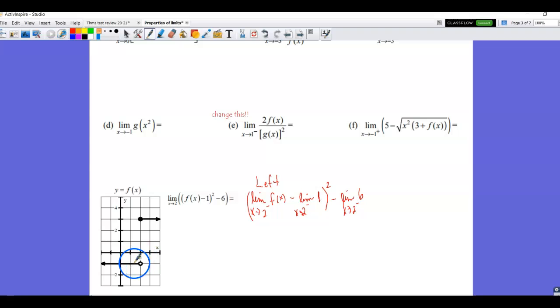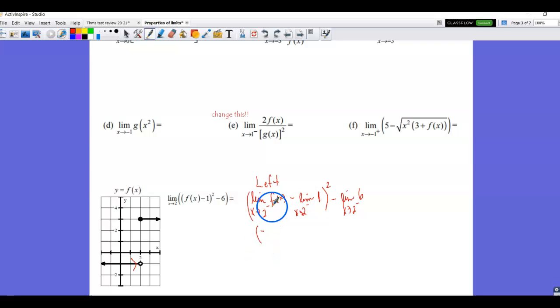All right, so this is going to be the left limit, and so the limit as x approaches 2 from the left of f of x, that would be coming from this side, is a y value of -1. Sorry, let's fix that.